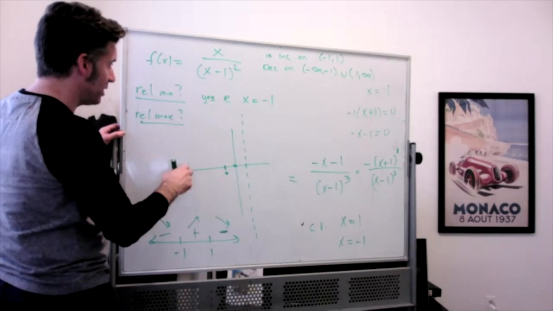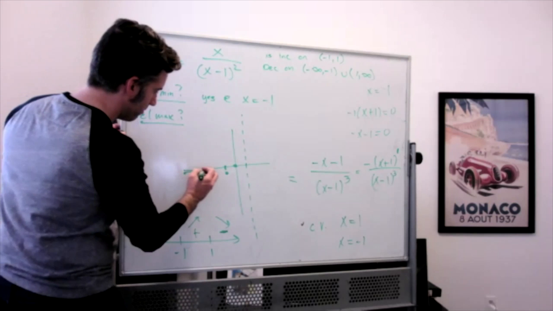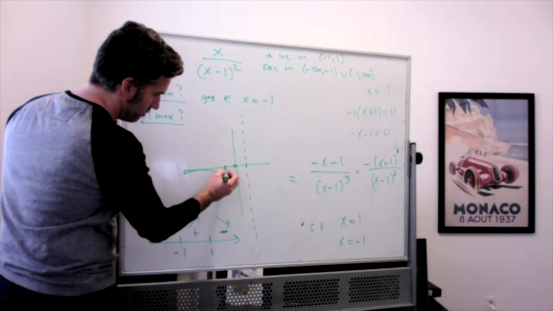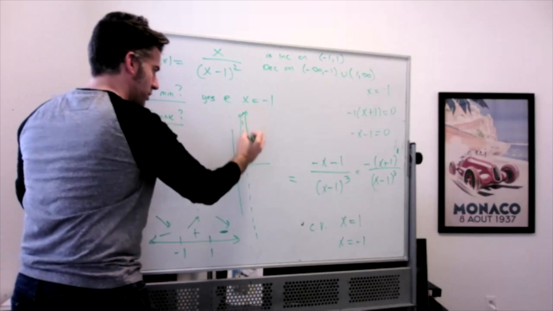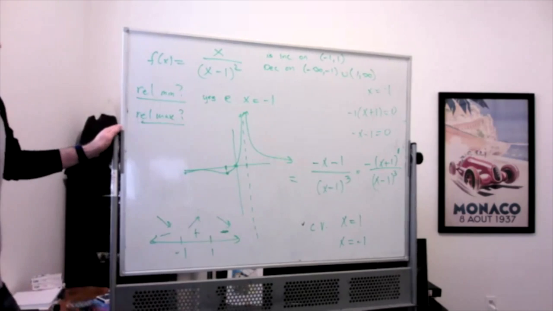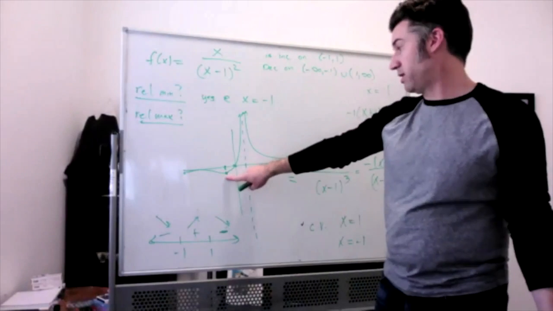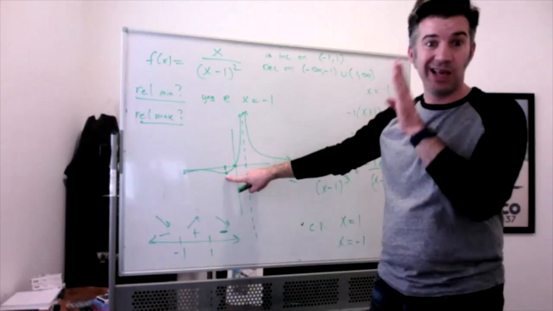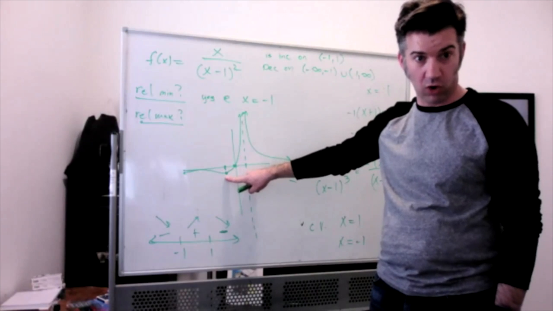This function is decreasing from negative infinity to negative 1. It's increasing from negative 1 to 1, and it's decreasing afterwards. So I definitely have a relative minimum right there at negative 1, negative 1/4. It's also an absolute minimum because it's the smallest thing on the graph.